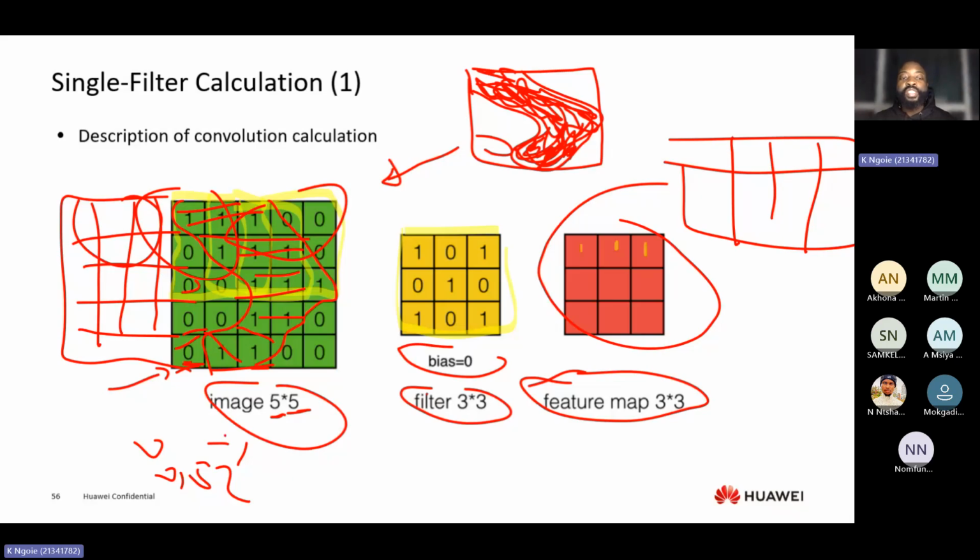So even if we take this size of 3x3, if the input size is bigger than that, we're going to have a feature map which is bigger than that. Do you get that? So there's no mathematical way to determine the size of the feature map, sort of like how we do it when we're multiplying matrices.